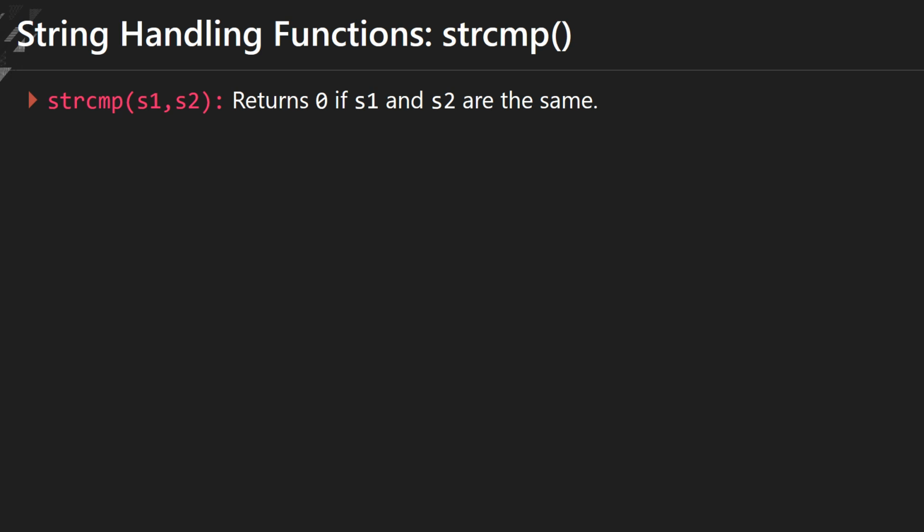We'll see another function called strcmp. In some cases, you need to compare the first string versus the second string. Writing your own logic for comparing takes a lot of time. strcmp returns either 0, less than 0, or greater than 0. It returns 0 if s1 and s2 are the same, that is, s1 is equal to s2.